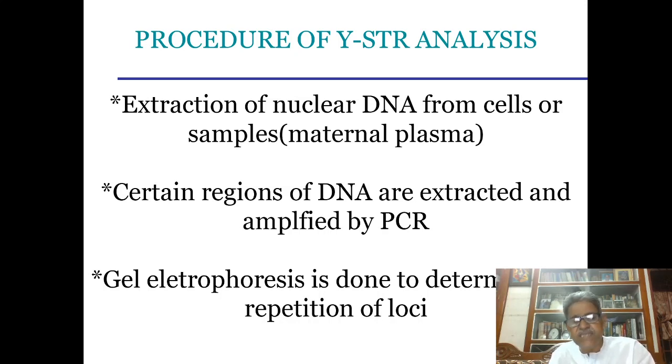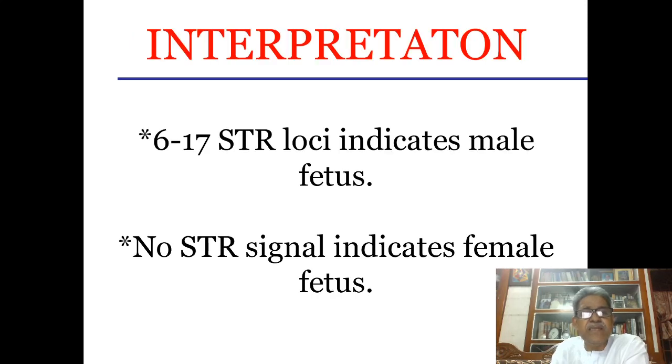But if there is no signal for the multiple loci, that indicates a female baby. This is exactly the interpretation. Here you see, 16 to 17 Y-STR loci indicates a male fetus, and no Y-STR signal indicates a female fetus. This is the main criterion for interpretation of this method for determination of male and female fetus.